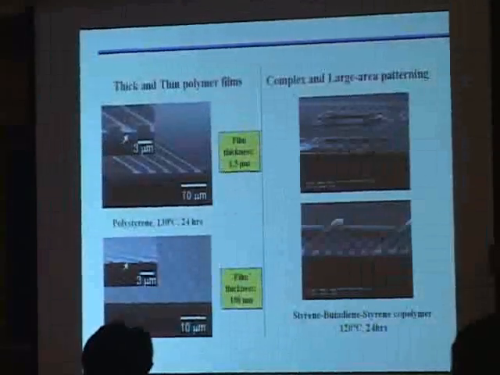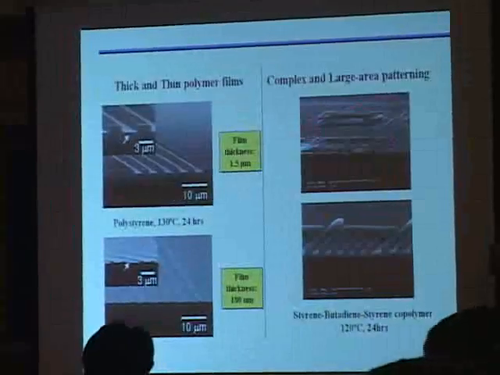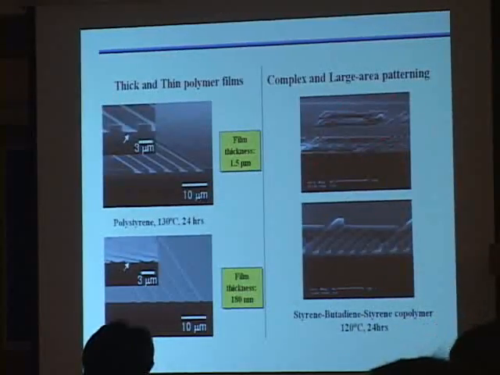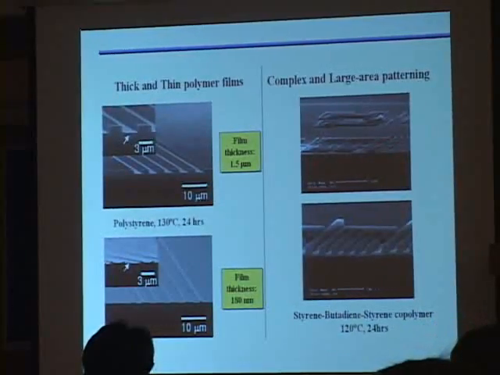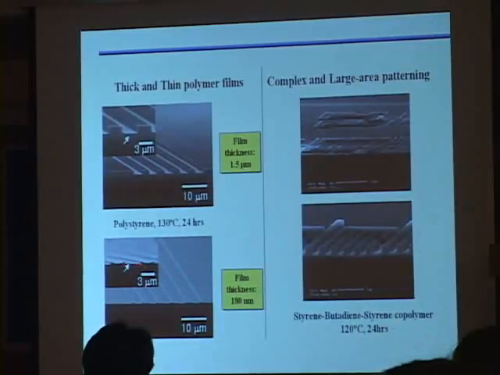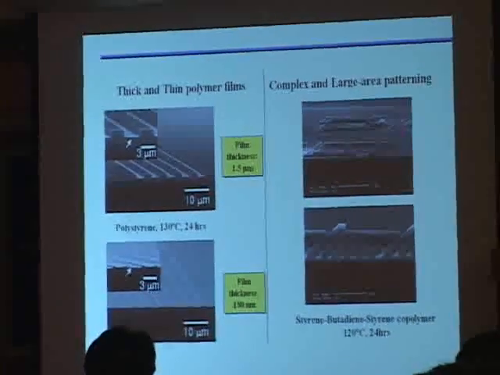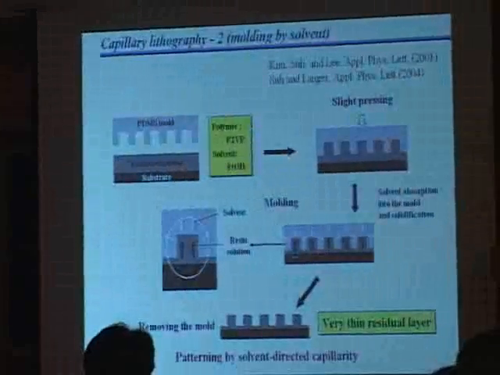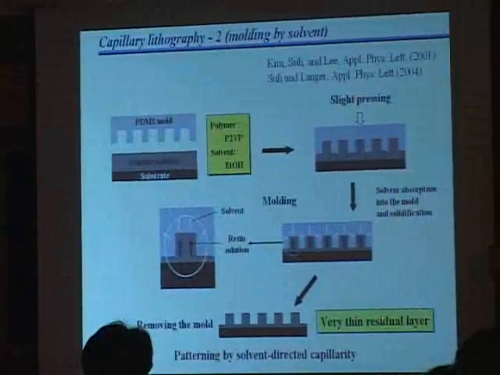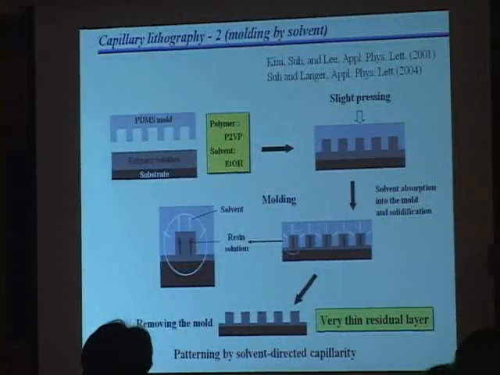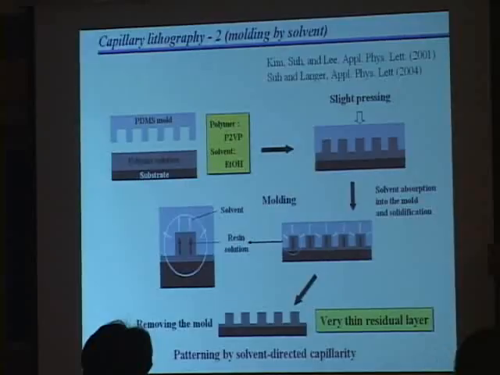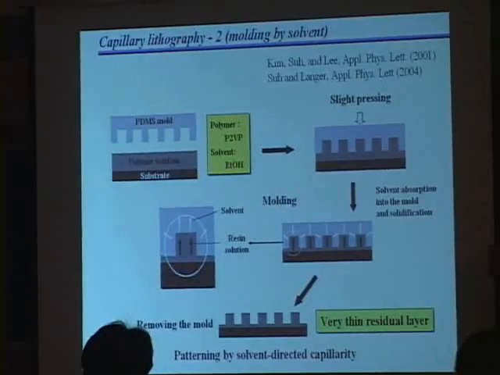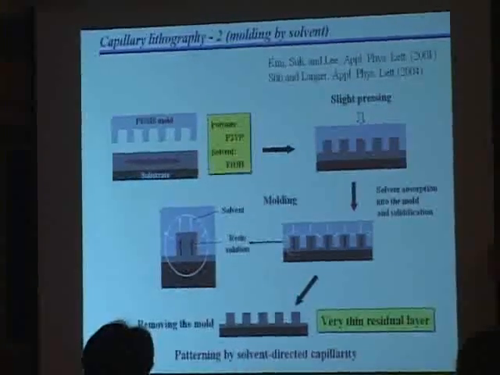So we can fabricate various micro and nanostructures. Sometimes three-dimensional structures are doable. For thin film, you can see a meniscus here, which is a signature mark of capillary rise. Another way to induce capillary rise is to use a solubilized wet film having a high amount of solvent.